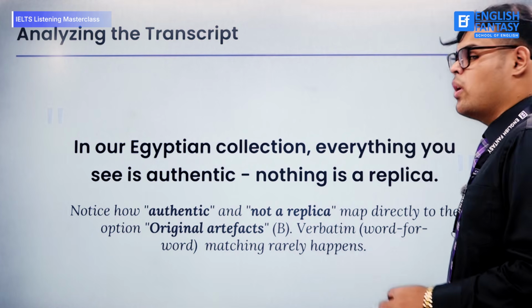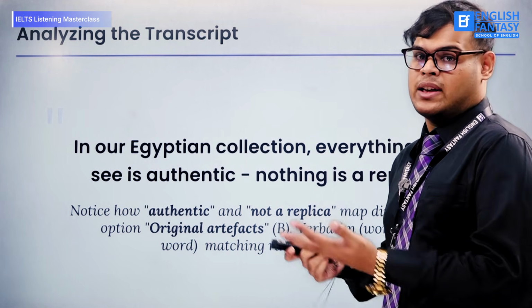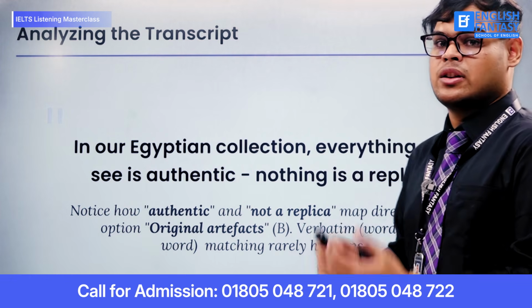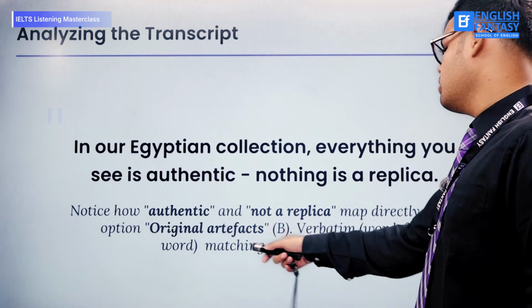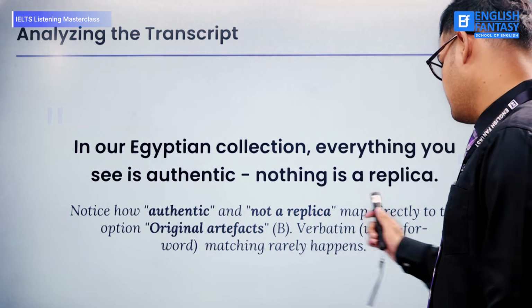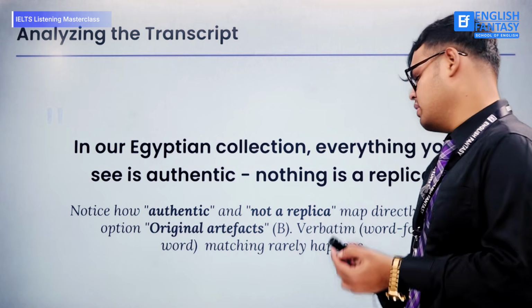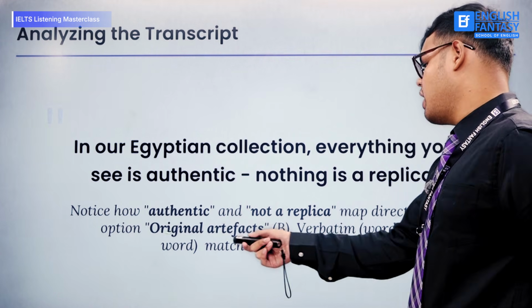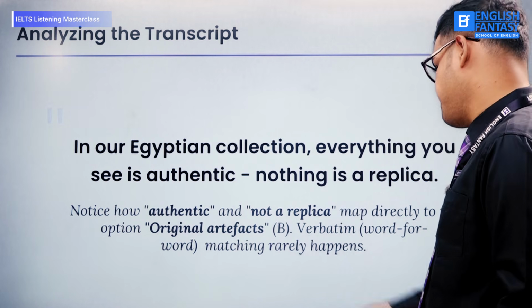Once it is mentioned that it is authentic, it is original, or not a replica, as in it is not a duplicate. So we can recognize the synonym and match it to original artifacts. Verbatim or word for word matching rarely happens in the listening test. You will not be seeing the exact same word that is being used in the audio script, okay?